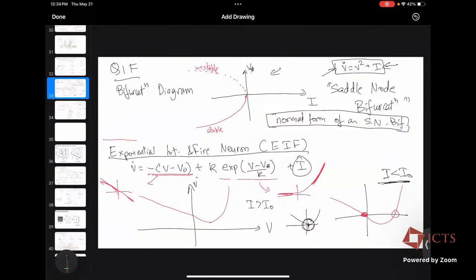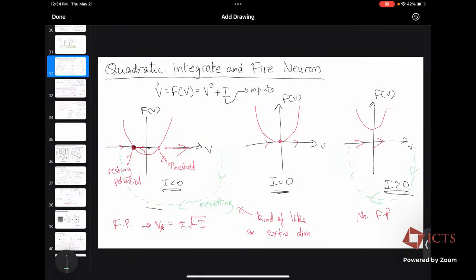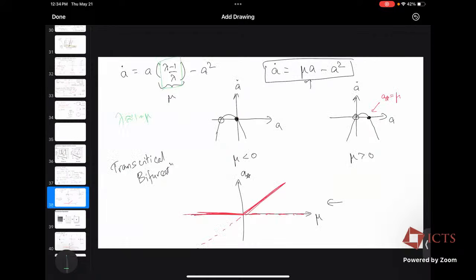By collision, I just mean that as I increase I, I have a stable fixed point over here and an unstable fixed point over here. As I keep increasing I, these two points collide over here and vanish. You can see this in the geometrical picture as well. These two fixed points, as I increase I, just collide and vanish. Or over here, they collide and exchange stability. That's what I mean by this qualitative notion of colliding of the fixed points.